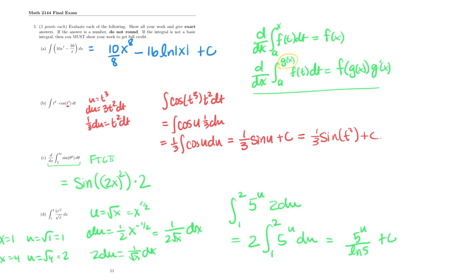Oh, sorry, I don't need a plus c because it's a definite integral. So I can plug in from 1 to 2. That's going to equal 5 squared over natural log 5 minus 5 to the first over natural log 5. So you can put that in your calculator and get a decimal approximation of that if you like.